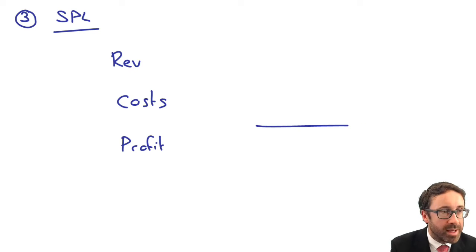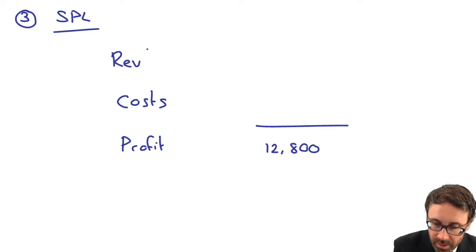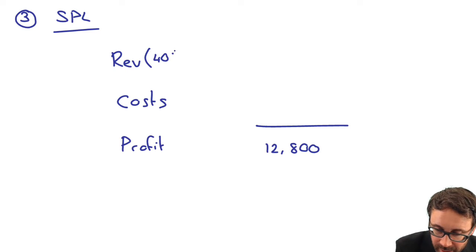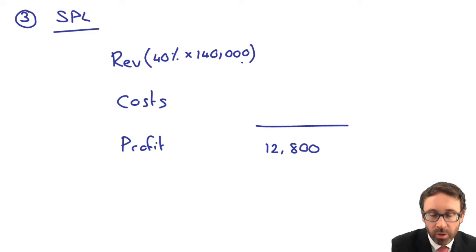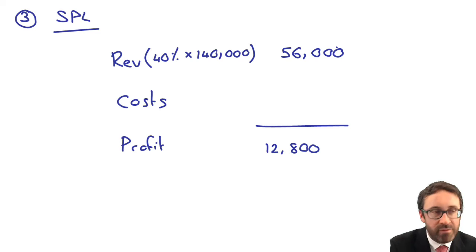We've just worked out in that second step that the profit that we recognize is 12,800. The revenue is based upon that 40% complete. So 40% of 140,000, does that give me 56,000?